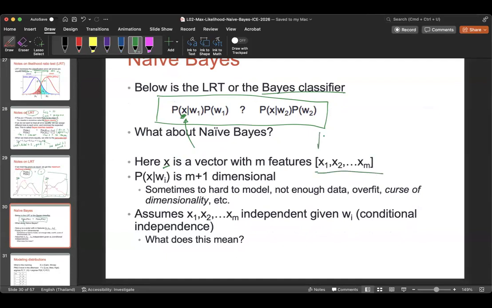So I'm calculating the probability of x1, x2, x3, x4, xm given w1. This probability distribution is very high dimensional. So this is very hard, and people have to do additional things with it. But before we go there, let's look at some example first.